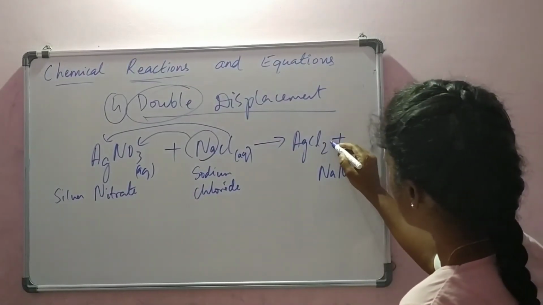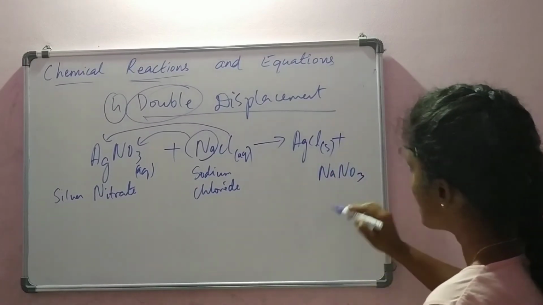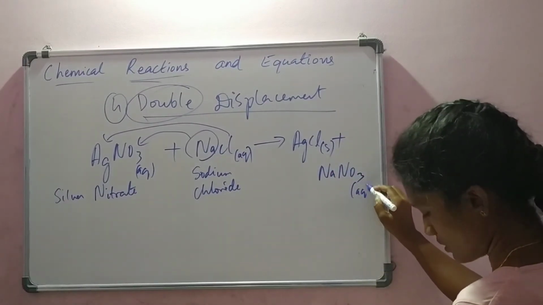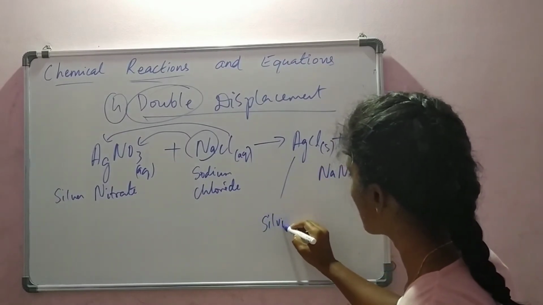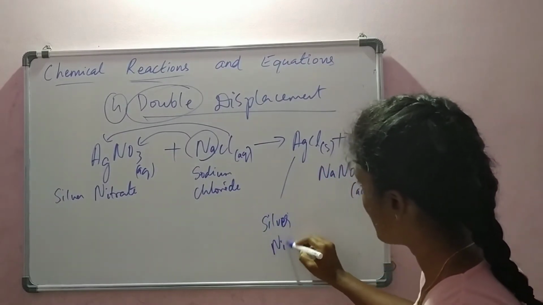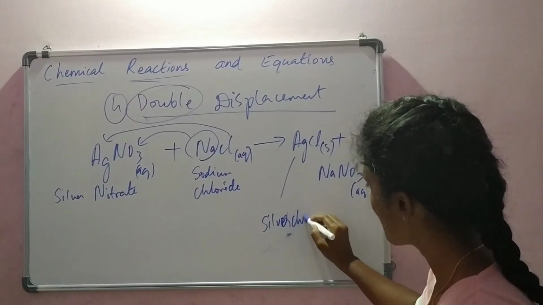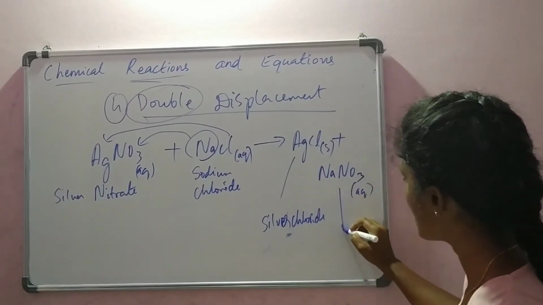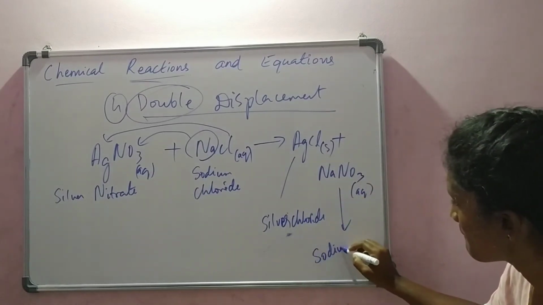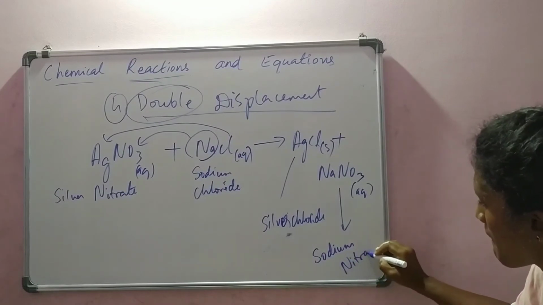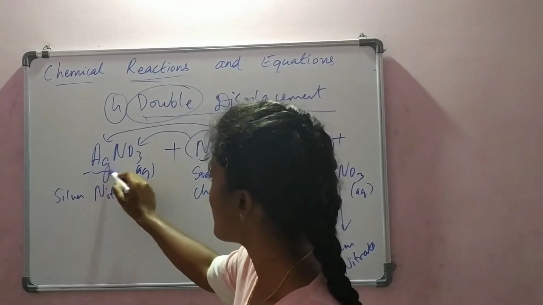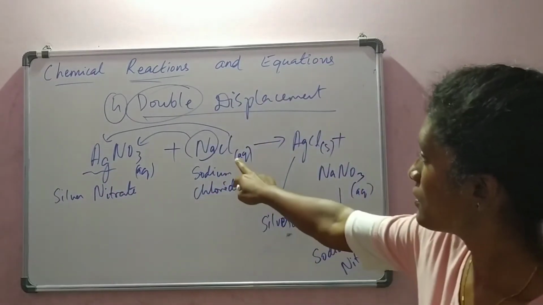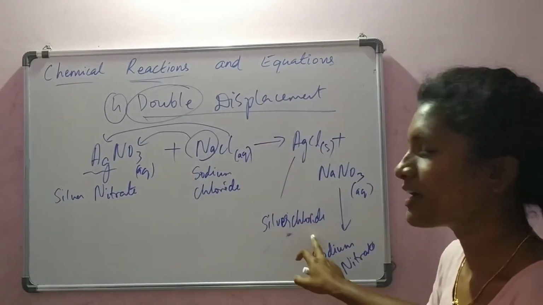So this is a salt. AgCl is a salt. It is solid. And NaNO3 is aqueous. Okay? So this is silver chloride. This is sodium nitrate. So clearly observe, students, that Ag combined with chlorine to form silver chloride.